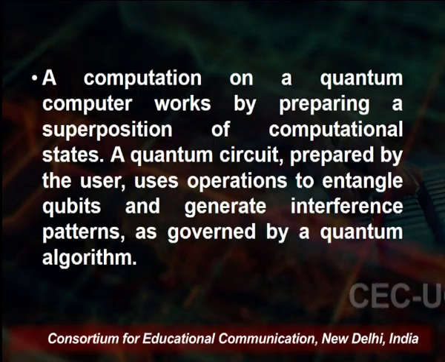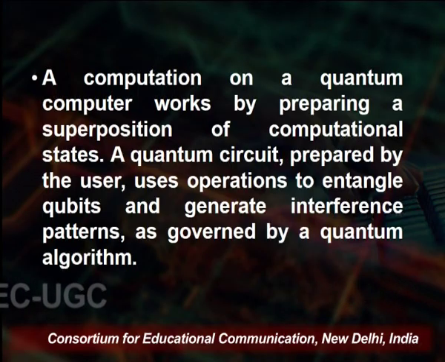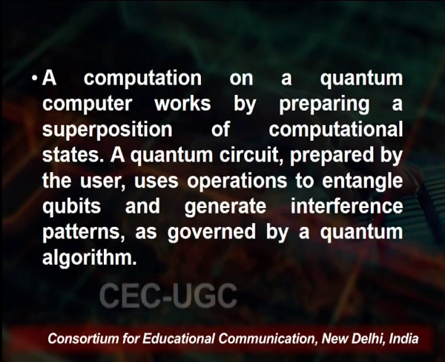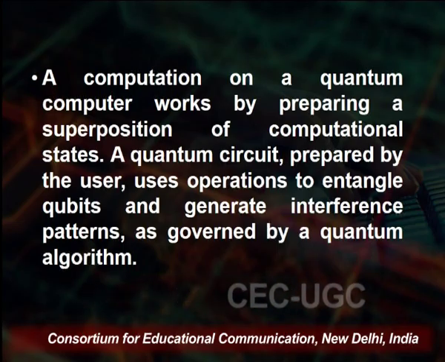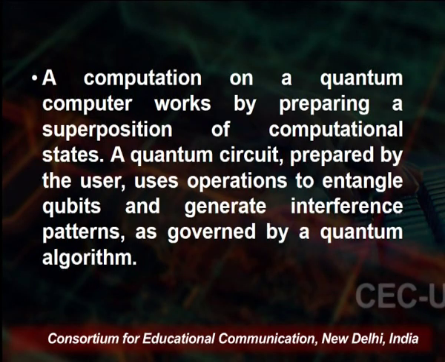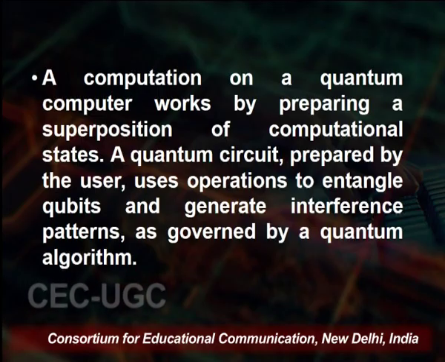So computation on a quantum computer works by preparing a superposition of the computational states. A quantum circuit prepared by the user uses operations to entangle qubits and generate an interference pattern, as governed by the quantum algorithm, and avoids decoherence.